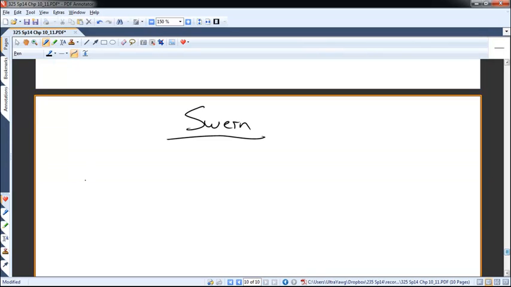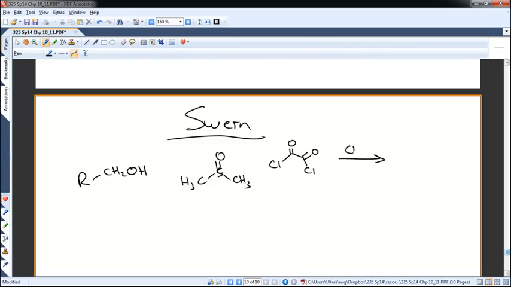Right. Swern takes a primary alcohol, akin to the way PCC works, although in this case it takes dimethyl sulfoxide, or DMSO, and oxalyl chloride, which is this crazy high energy molecule, and the presence of an organic solvent and an organic base like triethylamine, which smells absolutely freaking disgusting, by the way.